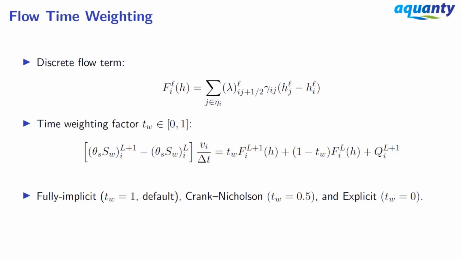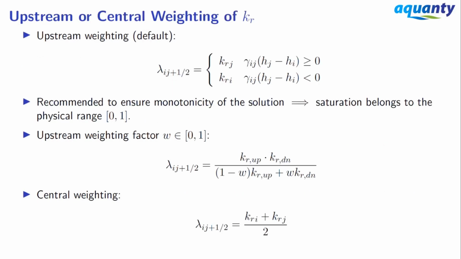We recommend a flow time weighting of 1, which results in a fully implicit discretization, and is the default. Crank-Nicolson would correspond to 0.5, and an explicit discretization, which we don't recommend due to potential stability issues, would result from taking the flow time weighting factor of 0.